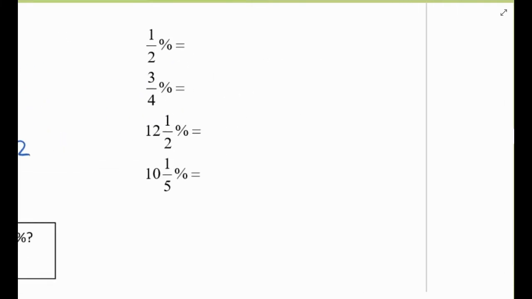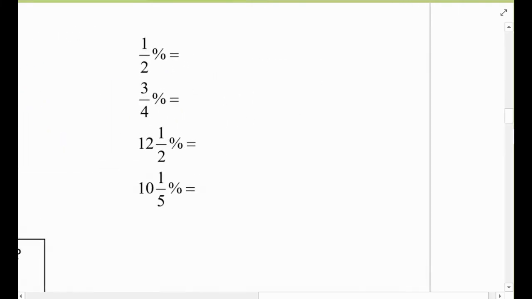Next, 1/2%. Before we change this to a decimal, we're going to change the fraction to a decimal number percent. So 1/2, what's 1/2 in decimal? That's 0.5%. So we're not done yet. It's still in percent form. So we remove the percent sign and move 2 decimal places.